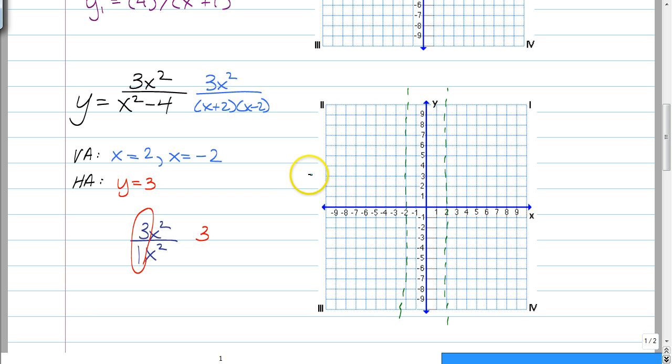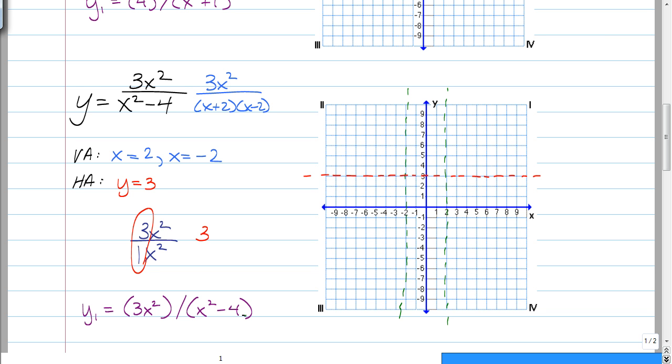So you go to y equals 3 and you graph your horizontal asymptote. Again, the rest, just type it in your calculator. So I would type into y1 my parentheses for the numerator on top, divided by, and then parentheses for my denominator, and press enter.